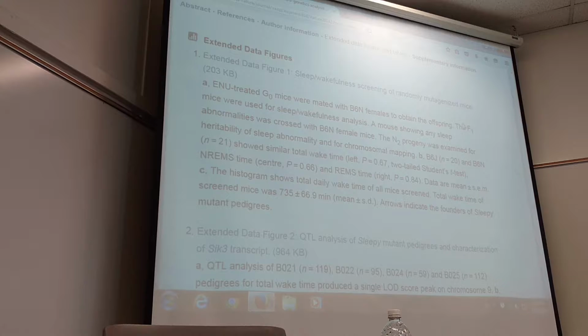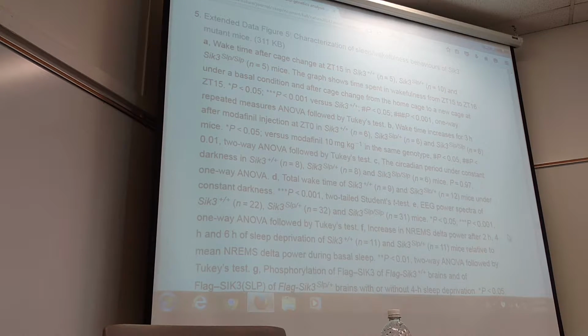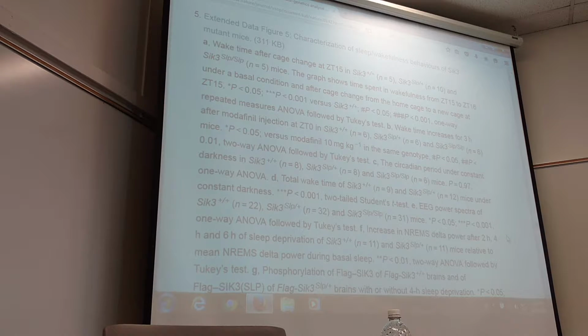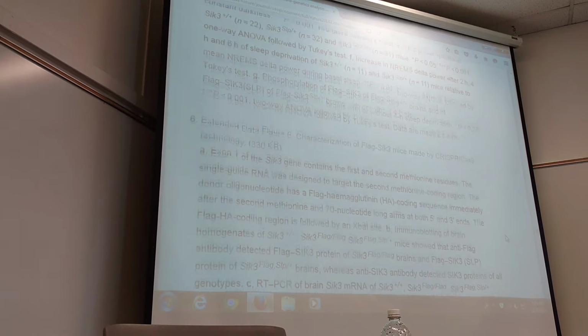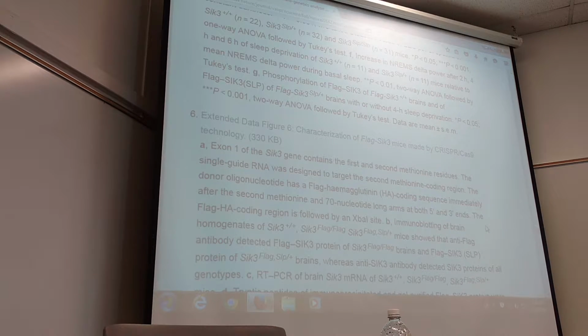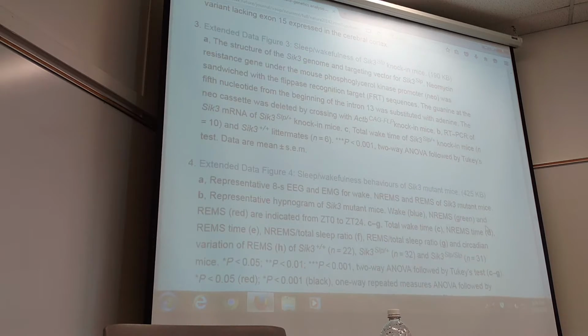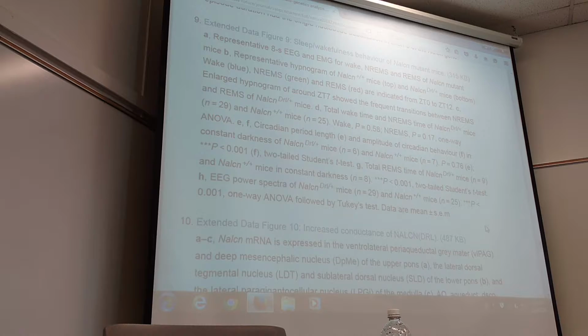If I scroll a little bit further down, I found one that sort of makes more sense. Was it this one? Oh my God, no. Which one makes sense? I was trying to find one for us. Super mutant mice itself. Holy crap.